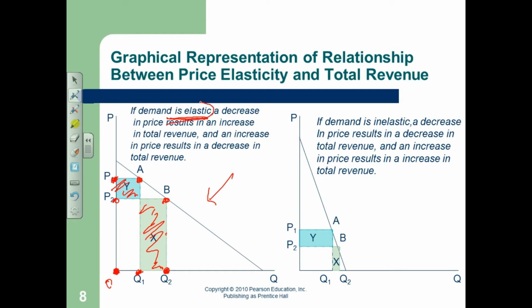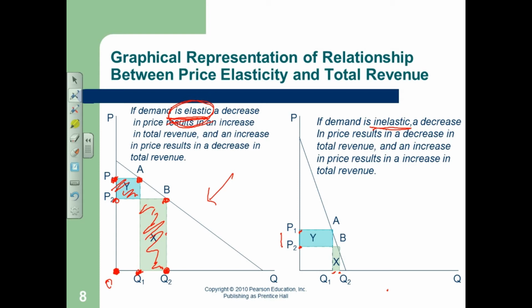Again, your revenue is going up because demand is what? Demand is elastic. The right-hand side panel is showing demand being inelastic. Again, at the lower part of the demand curve, you would see that the price drops from P1 to P2. You go from Q1 to Q2.